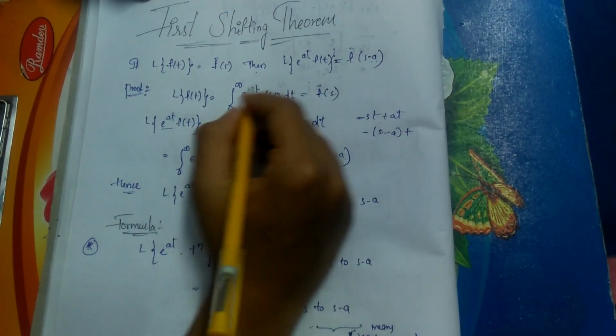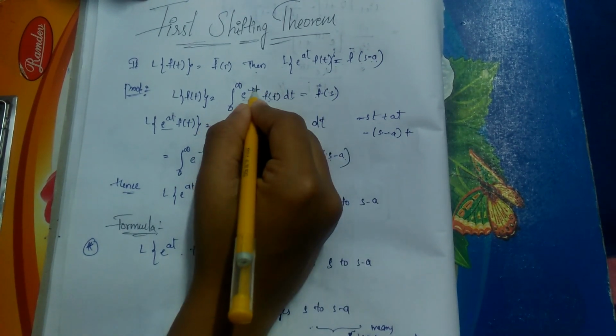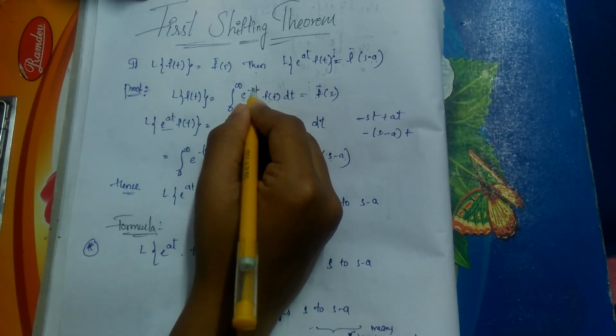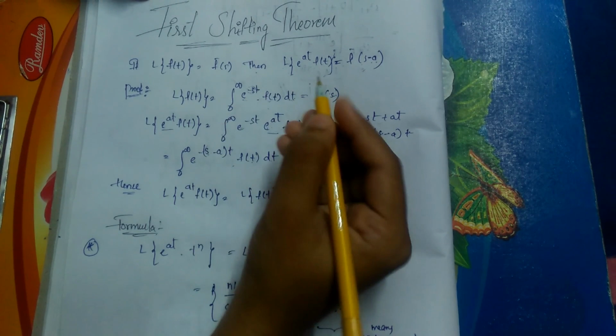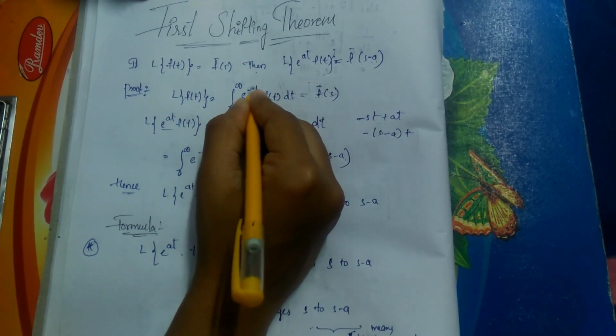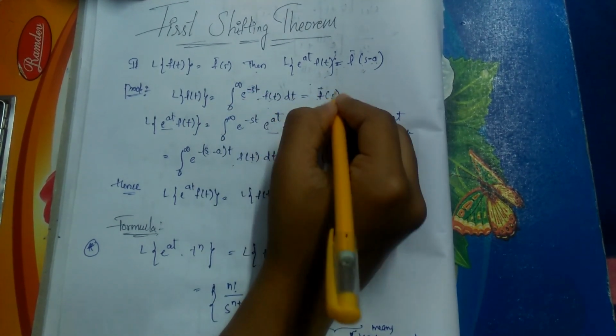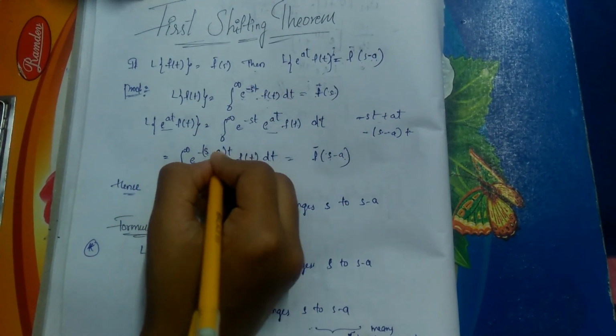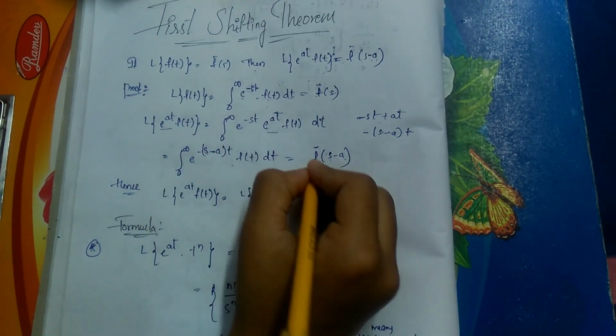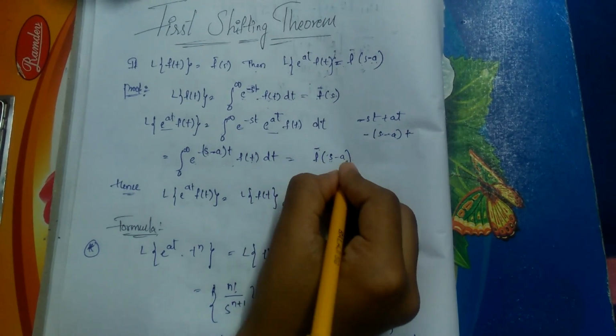Here, in the place of s before t we had the minus. If we exclude the minus, we have only s, so we get F bar of s. Similarly, here in the place of s we have s minus a, so we get F bar of (s minus a).